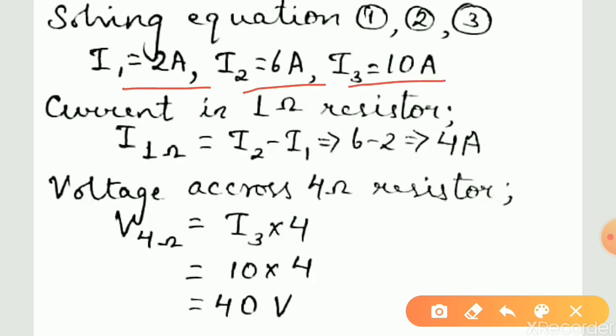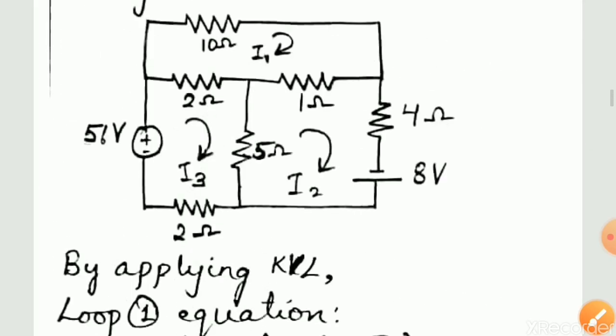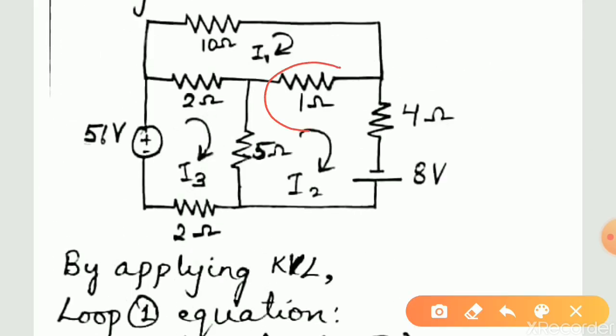In the question, it was stated that we had to find the current flowing in the 1 ohm resistor. According to Ohm's law, if we need to find current in a particular resistor, we can either apply Ohm's law, or if we look at the circuit, at the 1 ohm we have two currents flowing through it, I1 and I2.